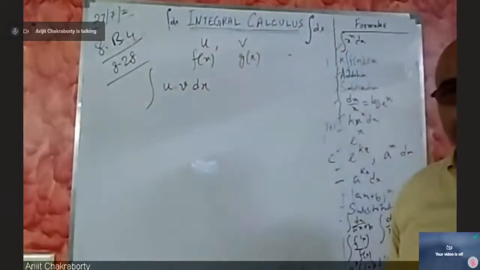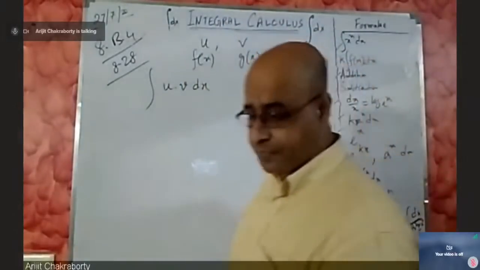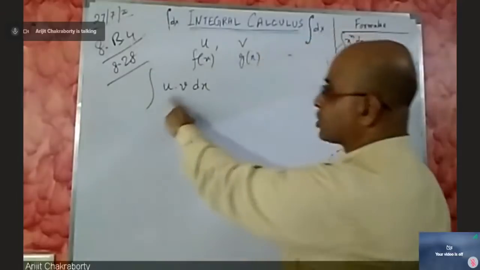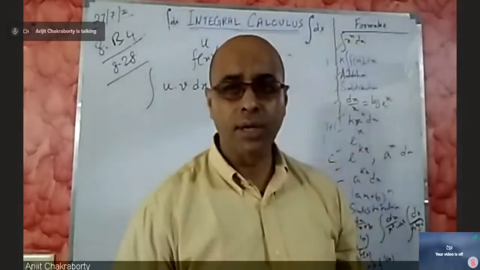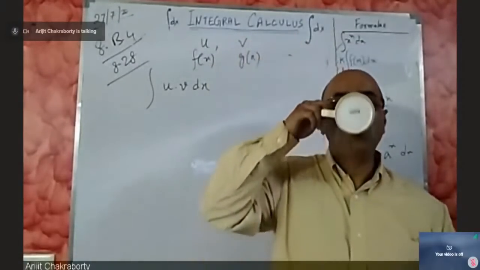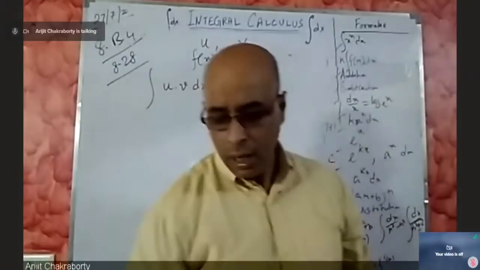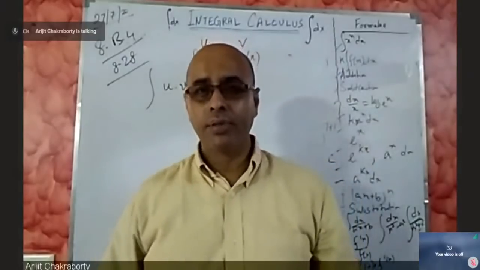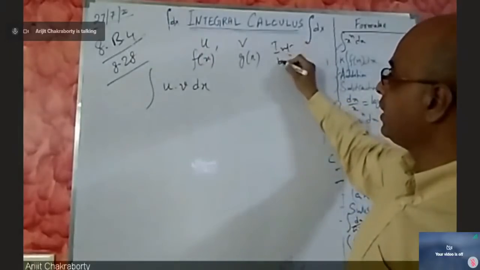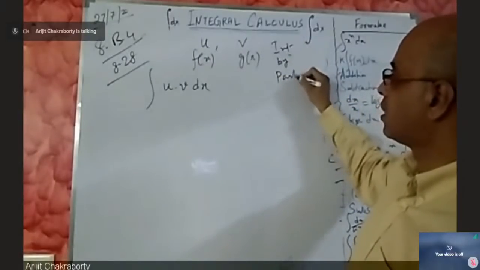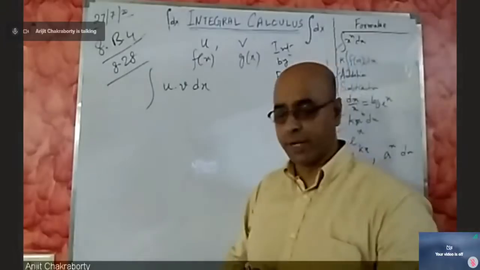Integral of u into v dx. Let us see the rule. u is a function f(x) and v is another function g(x). Two functions. How to integrate? This is called integration by parts. So part by part we will integrate.